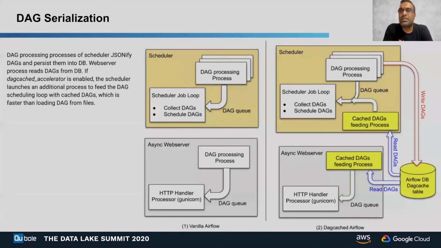The web server now doesn't need to read the Python files anymore. It can directly read the DAGs from the database and show them on the UI. The scheduler can also, there is a different setting, but ideally it doesn't need to parse the file again, and it can also read the cached DAG from the database itself.